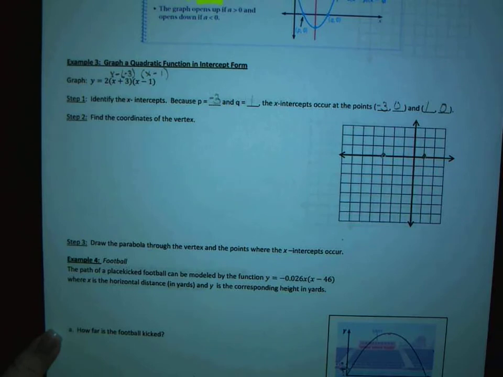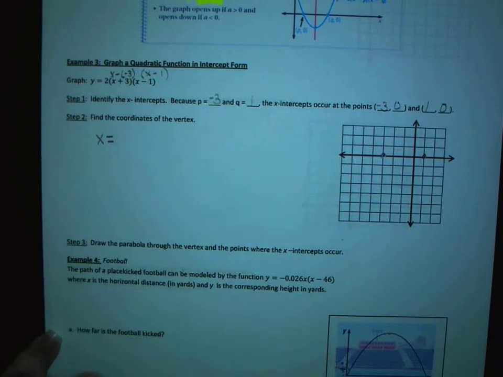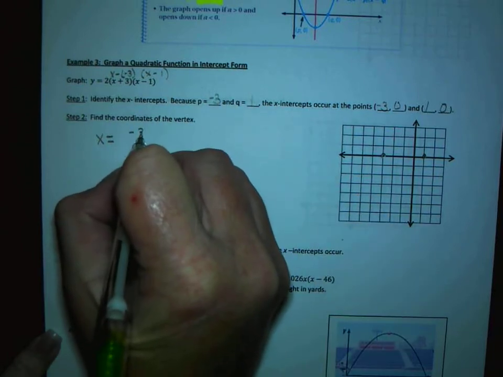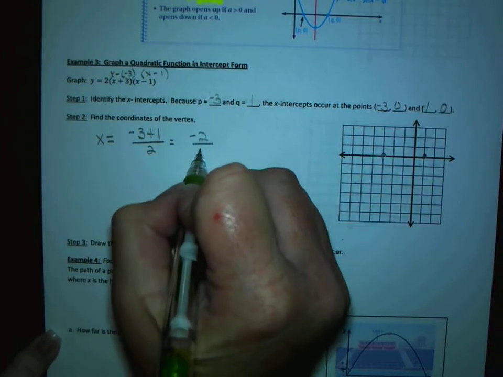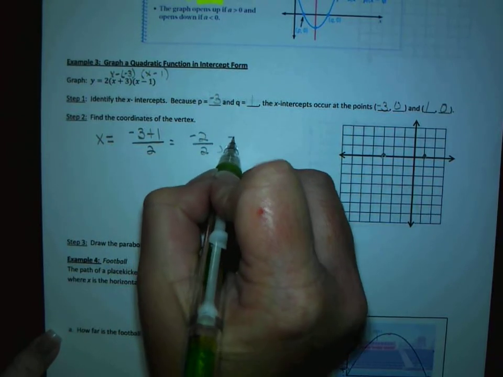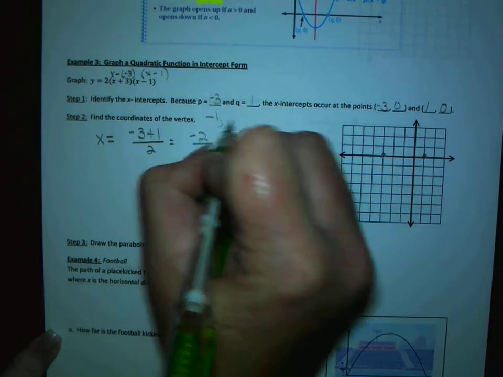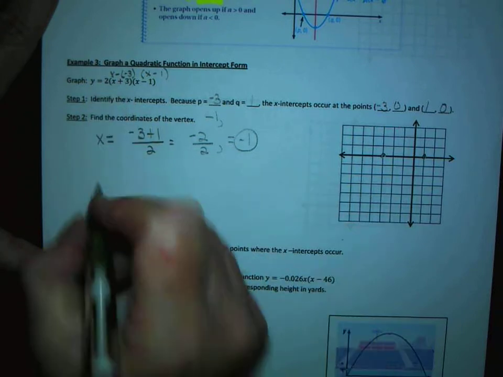So now you need to find the coordinates of the vertex. Remember, you're going to find your x first by adding p and q together. So -3 plus 1 all divided by 2, so that's -2 divided by 2 gives you -1. So that is the x coordinate of your vertex. I'm going to go ahead and write it up here. And to find your y, you're going to take that -1 and plug it back into the equation.